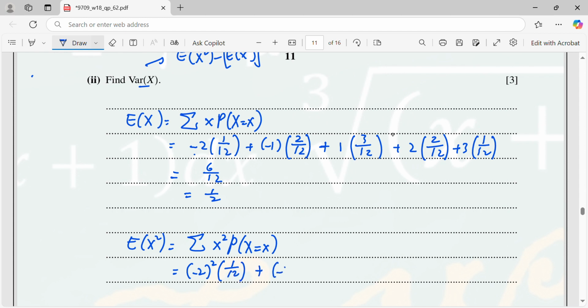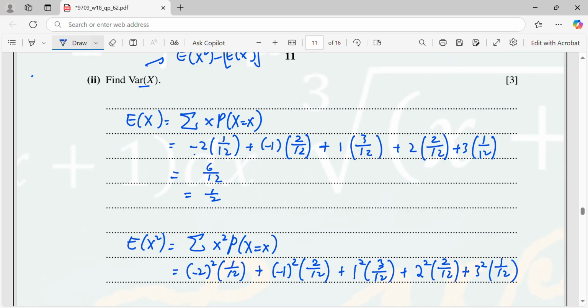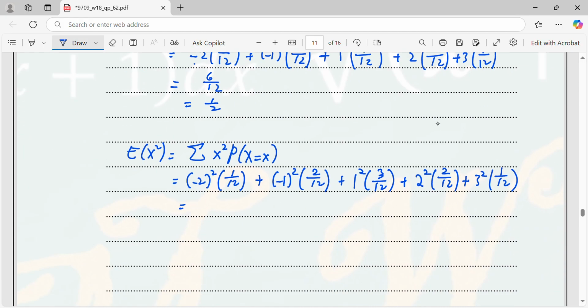Then minus 1 squared times 2 over 12 plus 1 squared times 3 over 12 plus 2 squared times 2 over 12 plus 3 squared times 1 over 12. Okay, then from here, you will be getting 26 over 12. This is same as 13 over 6.